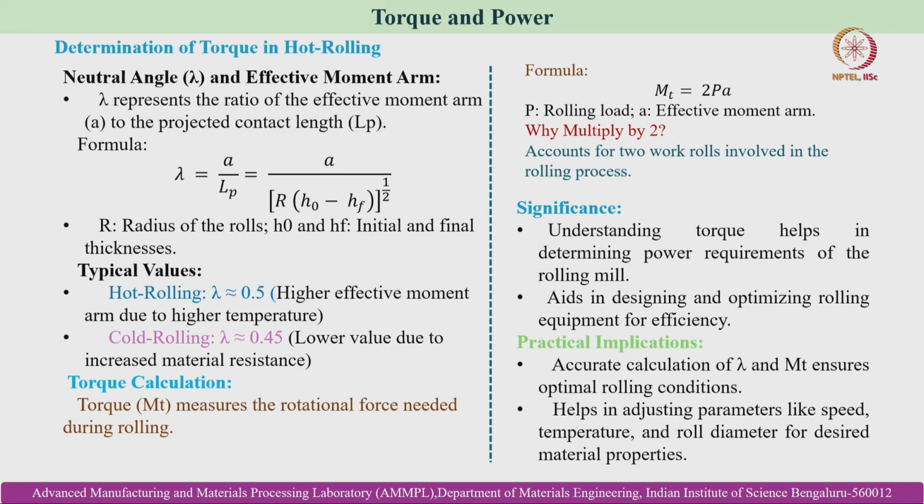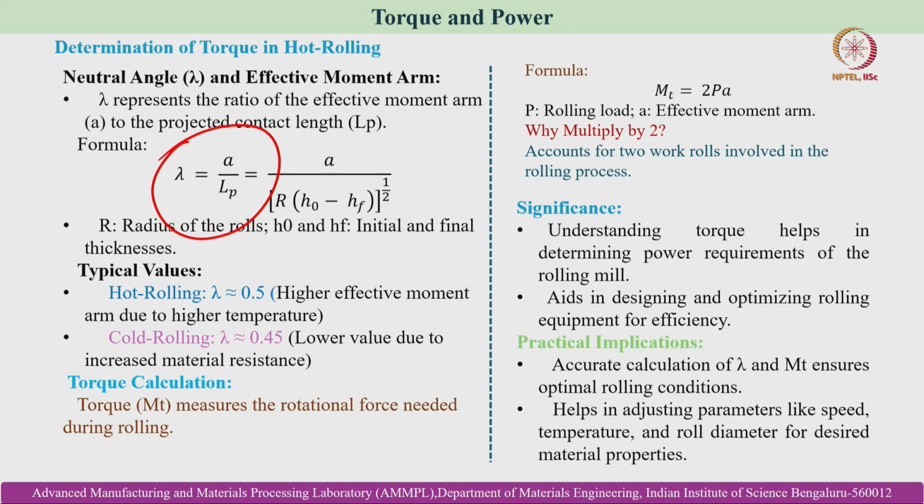So, determination of torque in hot rolling. Neutral angle delta and effective moment arm. Delta represents the ratio of the effective moment arm A to the projected contact length LP. The formula is delta is equal to A by LP.